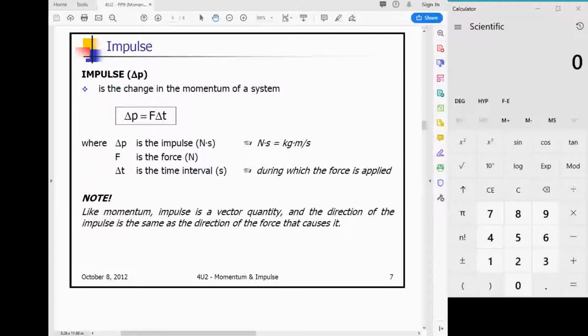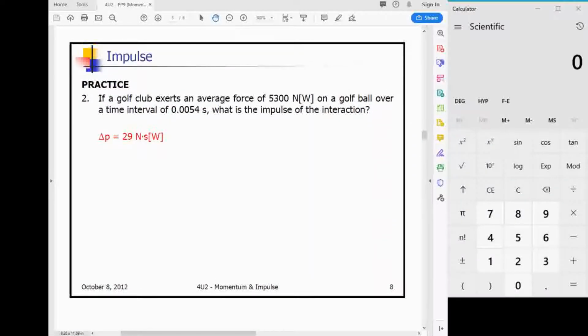So impulse is always written with a delta rho. It is Newton seconds is how we can write that, but it's also the same as kilogram meters per second. Please copy this slide down. And again, impulse is a vector quantity, so direction does matter. It's important for these problems.